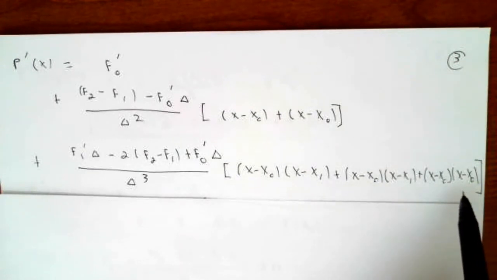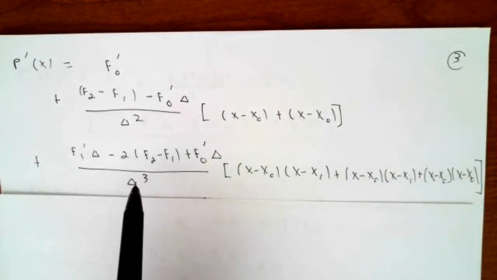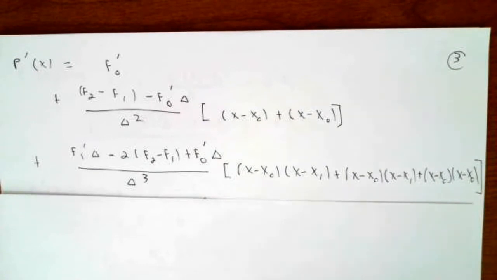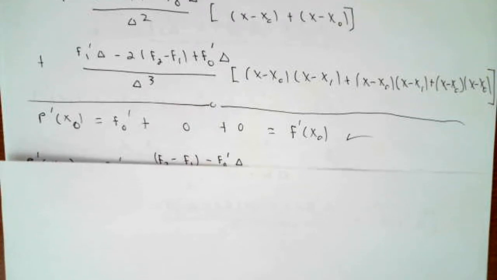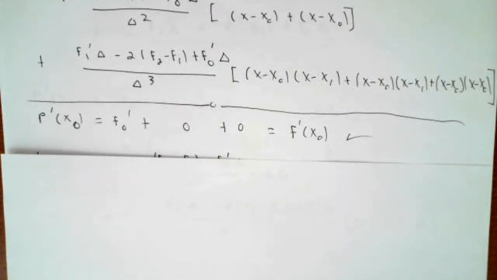Both of those are 0, and 0 times something is 0. The other term I have to add in is f prime 0. So p prime evaluated at x0 is f prime at x0 plus nothing, which is f prime at x0. Everyone who handed the problem in agrees on that.